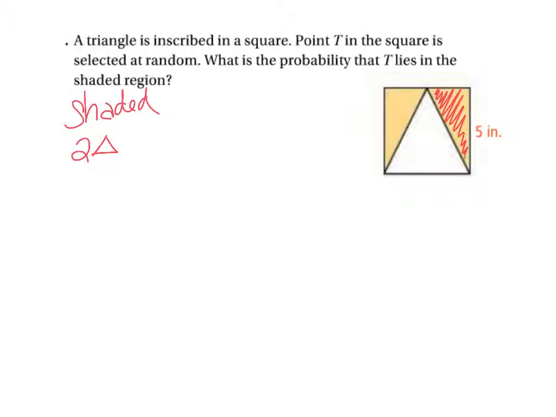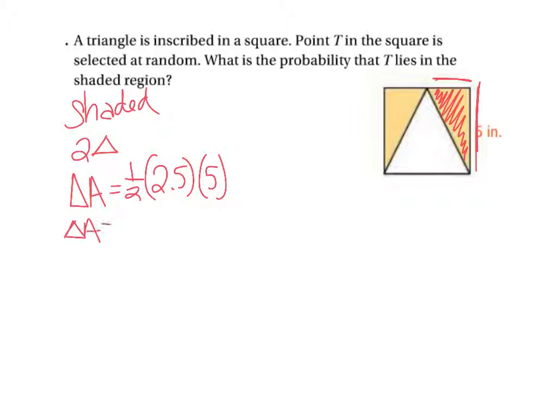It's kind of an upside down one, but here is our base and here is our height, because that's a right angle. So the triangle area would equal 1/2 the base, which is halfway across there, so that'd be 2.5, times the height, which is 5.